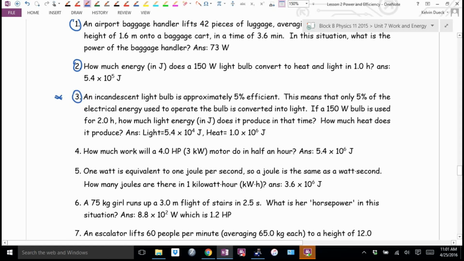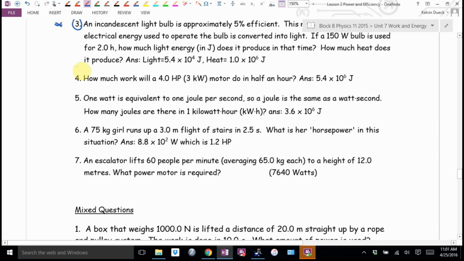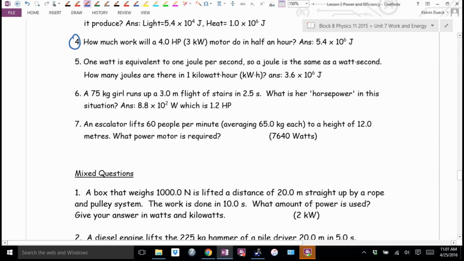I won't say 3 is nasty. It's fair game, but barely, and it would be fair game as the nasty multiple choice question on the test. Okay? 4 is good. Skipping 5. 6 is good. 7 is good.